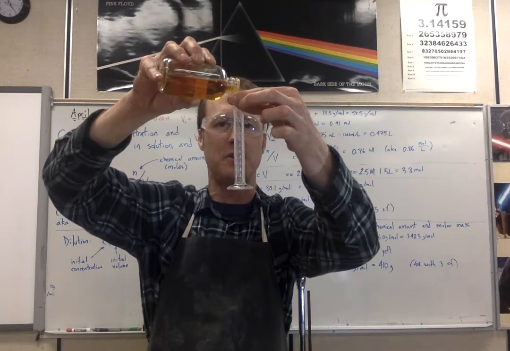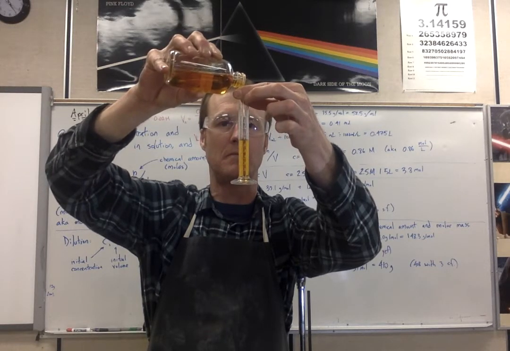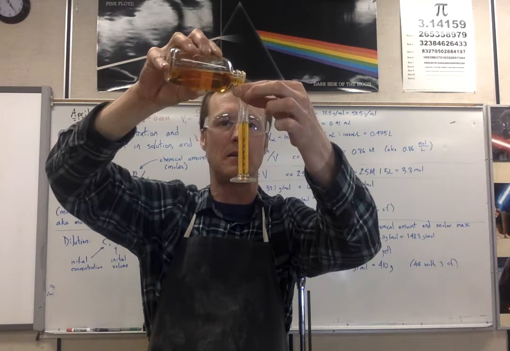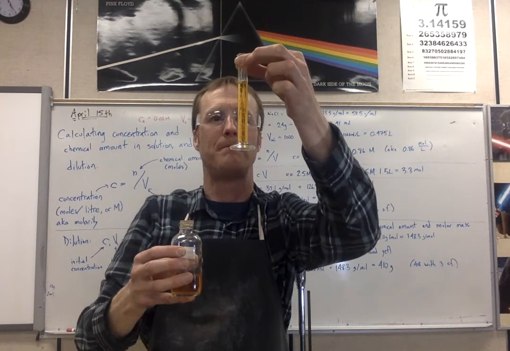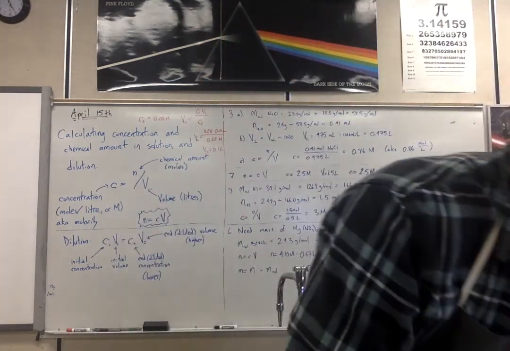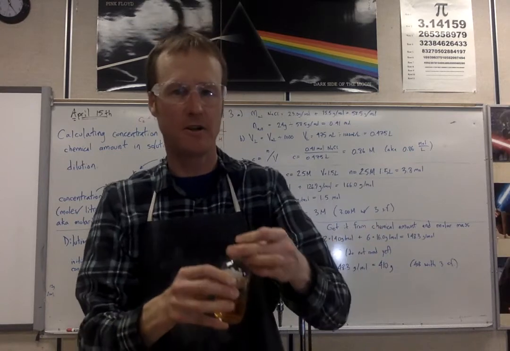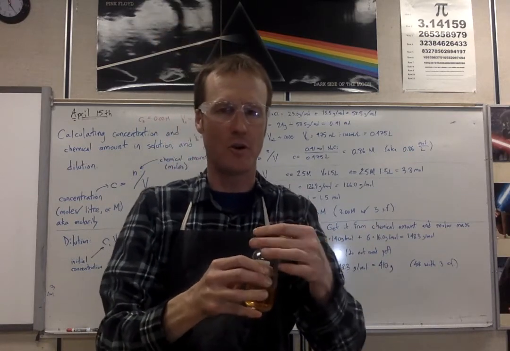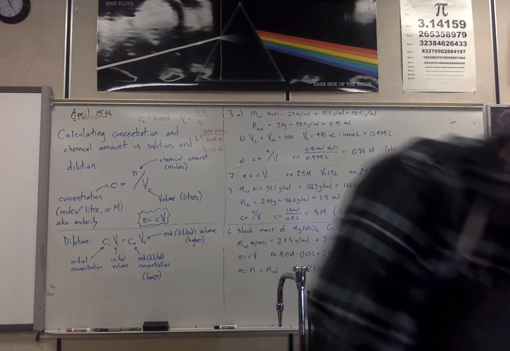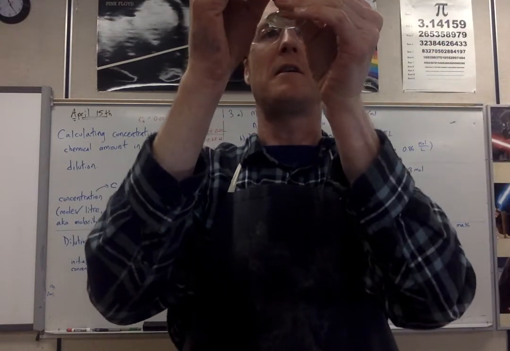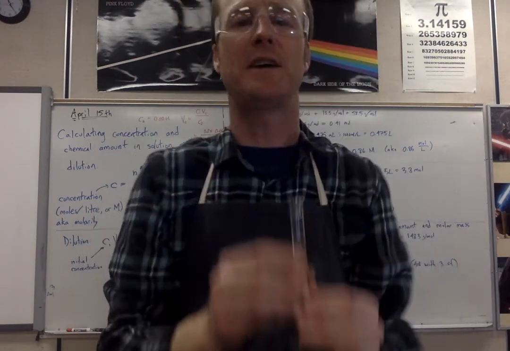Should I be using a funnel? Yes. Not bad. That's 10 milliliters of the 0.2 molar iron nitrate. Let's just check. The bottom of the meniscus is at the 10 milliliter mark.